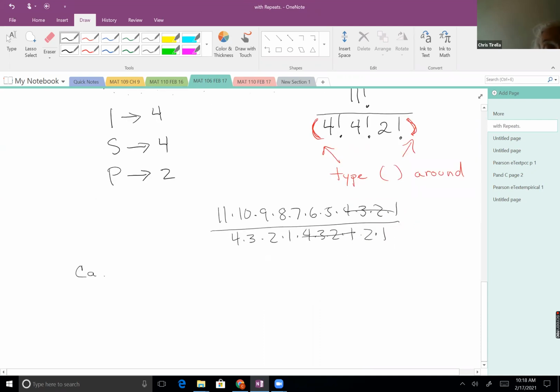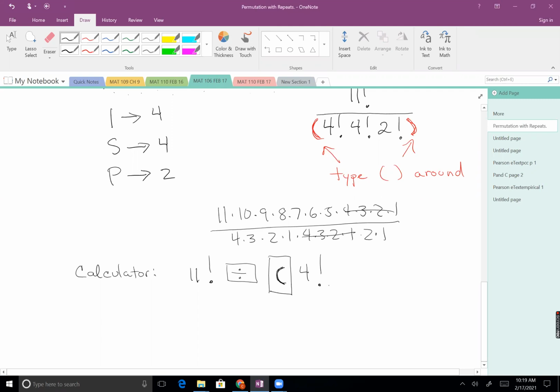With the calculator, you'd type in 11, go to that probability menu and pick the factorial. And to get the slash for the fraction, I use the division sign. But again, this is where it's really important that we put parentheses around the denominator. Where did we get the little exclamation after the 11?